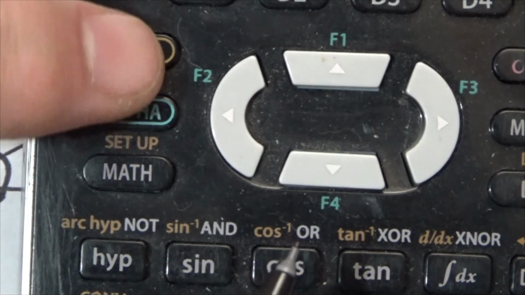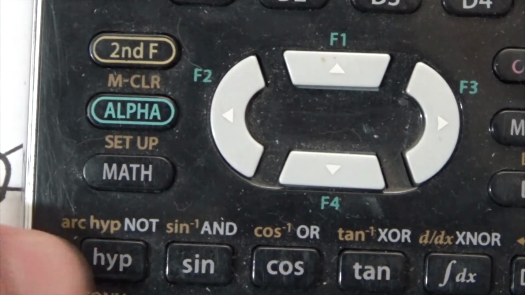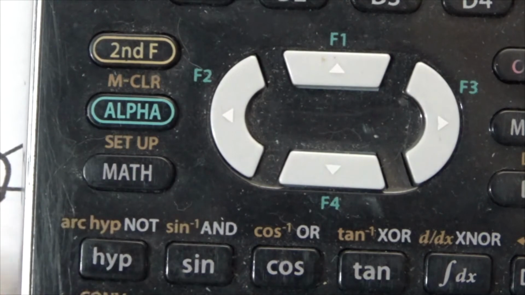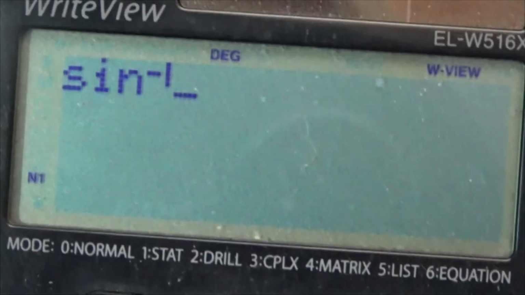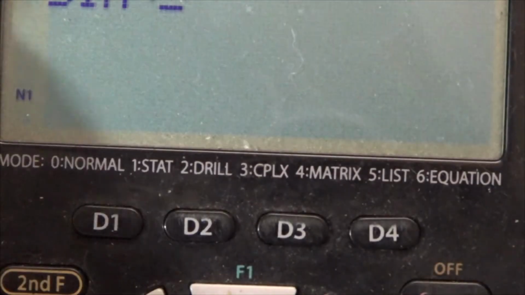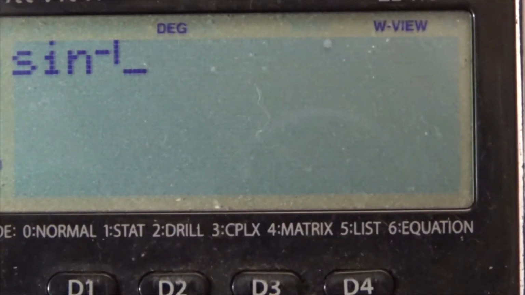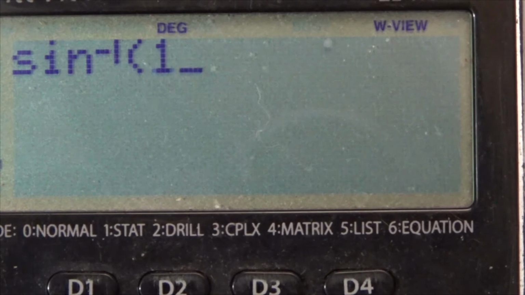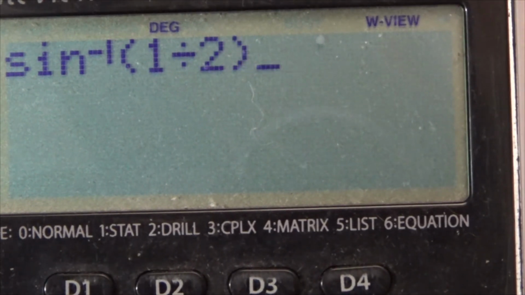So I will hit the second function, and then the arc sine, and that comes up on my calculator just like that. Then I will hit a parenthesis and then 1 divided by 2, because it's 1 over 2. I can use my fraction bar, or I can just put 0.5.